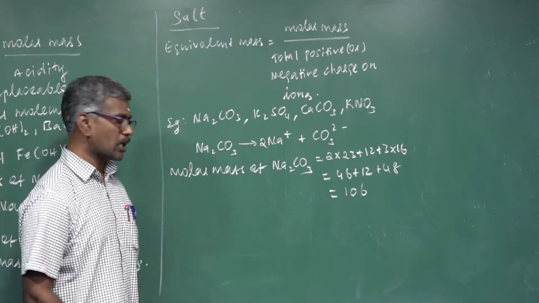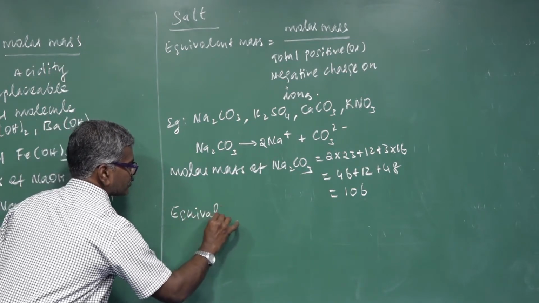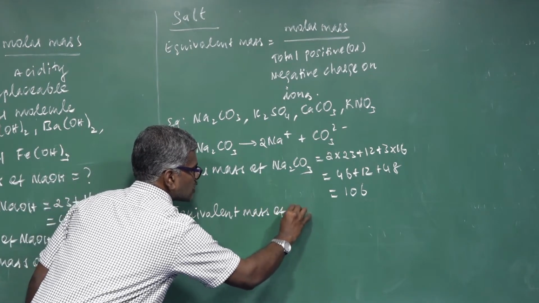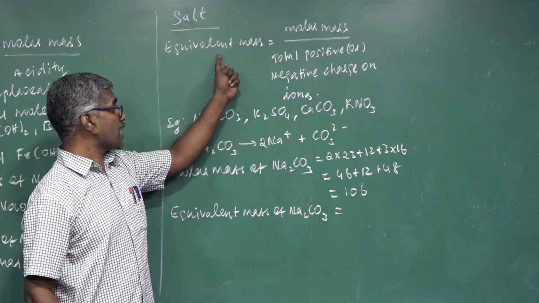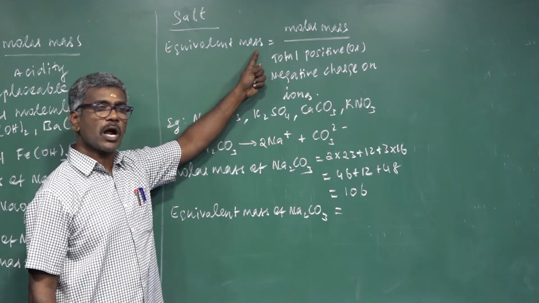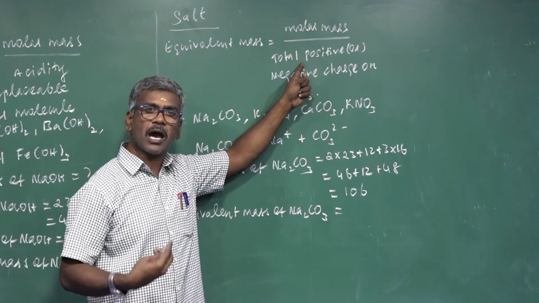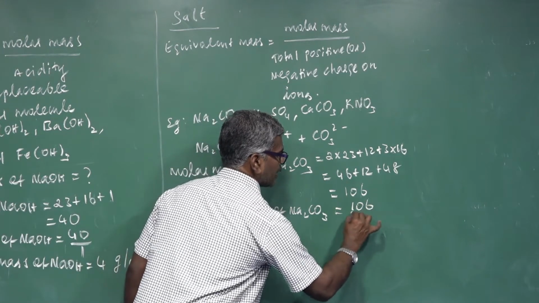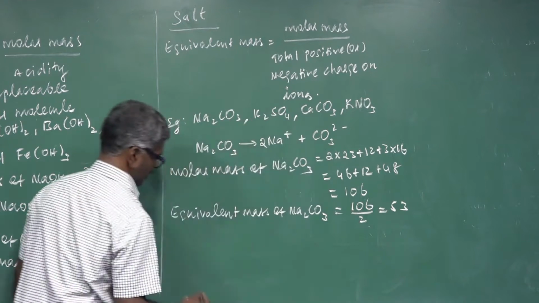What is the formula? Equivalent mass of sodium carbonate. What is the formula? Equivalent mass of salt should be equal to molar mass divided by total positive charge or total negative charge. So 106 by 2, that is 53.